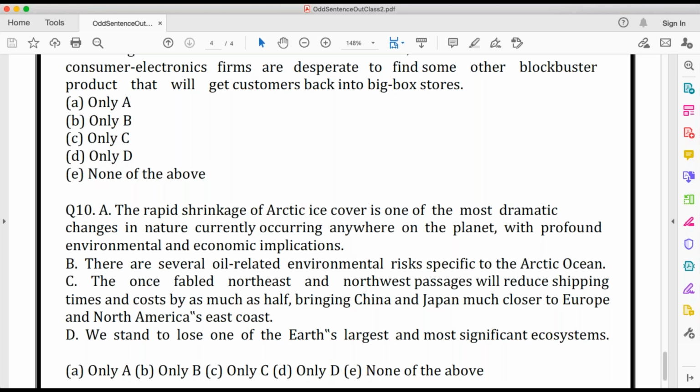Tomorrow is an optional class because tomorrow is a GK session, and GK does not come in IPM, so it's your choice to attend it or not. But Tuesday and Wednesday, you will have my 10 p.m. class, and the other classes of maths and LRDI will continue as per the schedule provided to you.